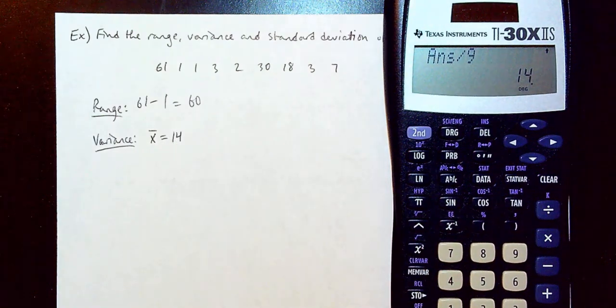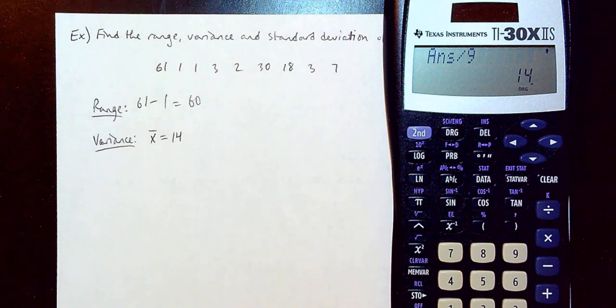Anytime we can come to a mean that is a nice whole number, that is very handy. That makes our lives a whole lot easier to work with. So this was step 1 in our 6-step process to find the variance and the standard deviation.